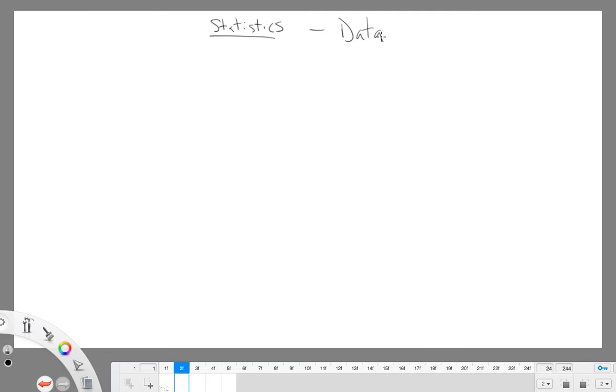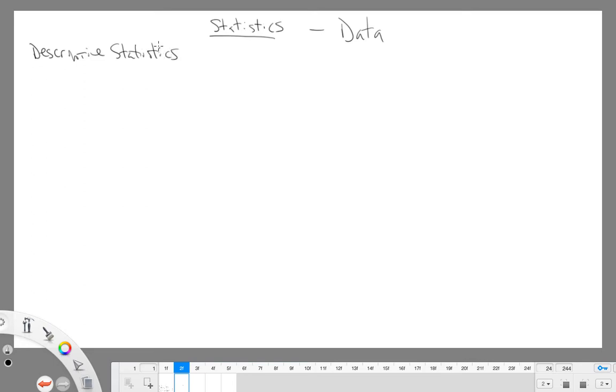So we have a bunch of data that we collected. And one of the first things that we often want to do is describe our data. So we use a bunch of tools in stats that we call descriptive statistics, right?